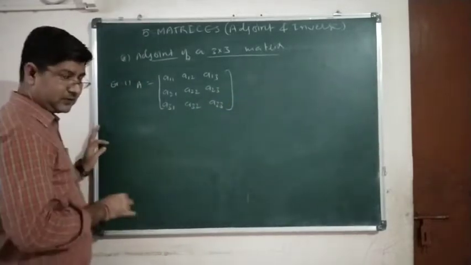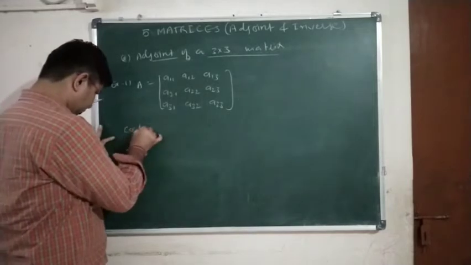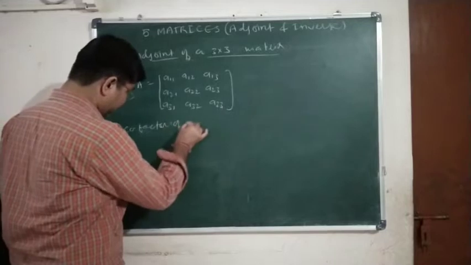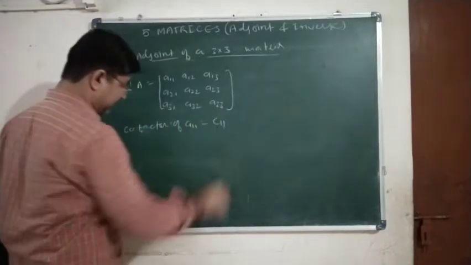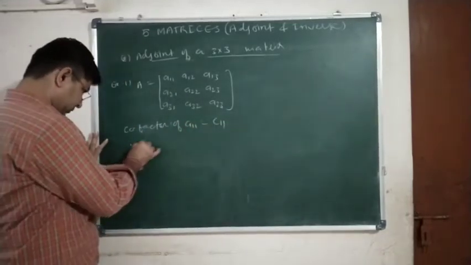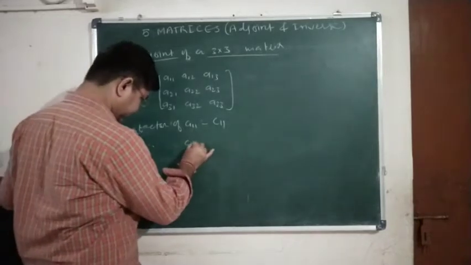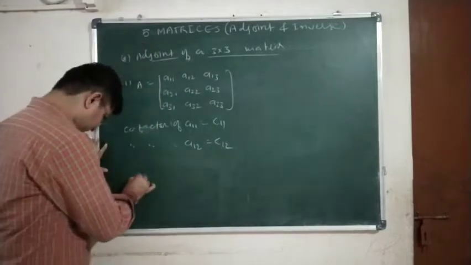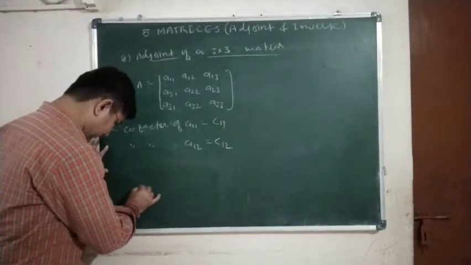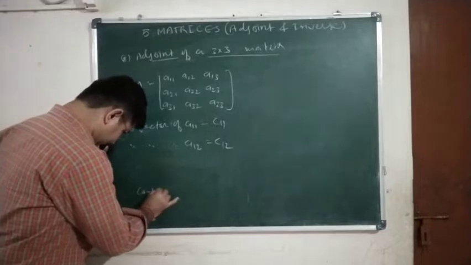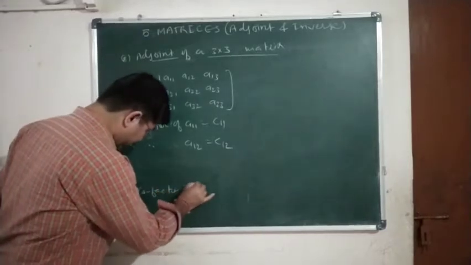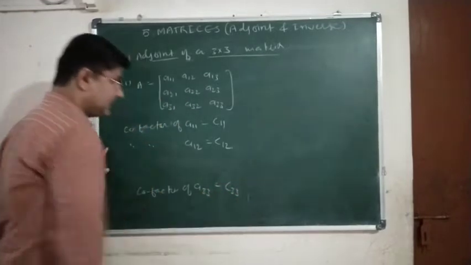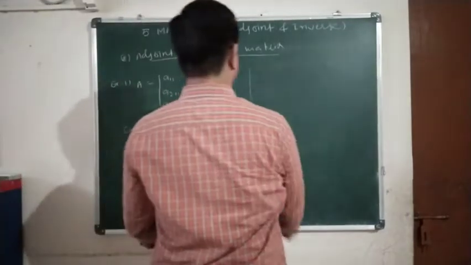So we will first find the cofactors of all the 9 elements. Cofactor of a11 will be denoted by C11, cofactor of a12 by C12, similarly we go on, and finally cofactor of a33 will be denoted by C33.